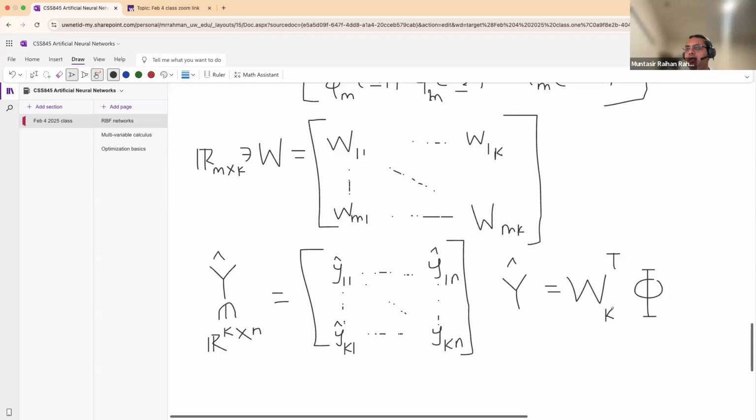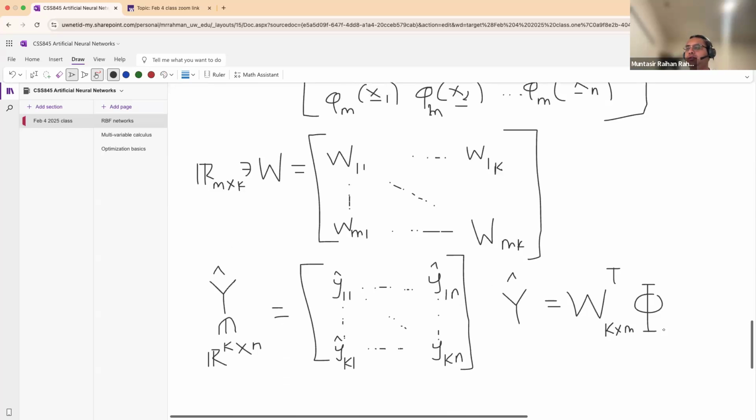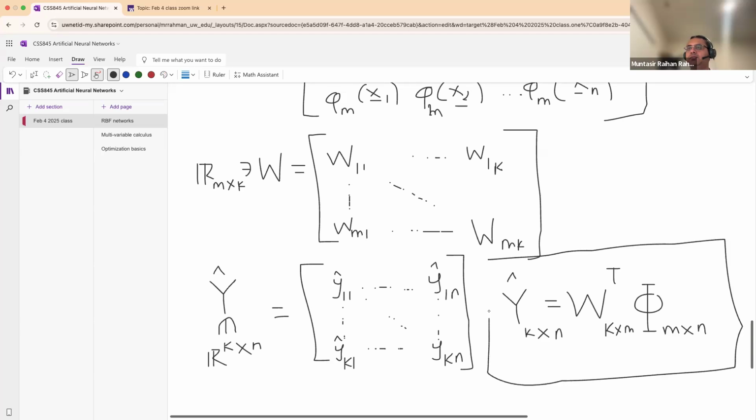So K by M, and let's check phi. The phi matrix is M by N. So far so good. Okay, and now if we take this, then y bar has to be K by N, and voila, that's actually correct. So we have the correct matrix formulation for our radial basis function.